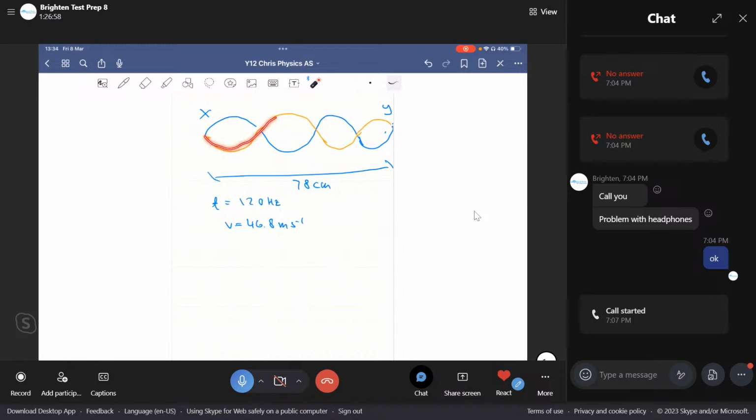So we have this is one wavelength, no? And this is the length, no? Exactly. So if it would be here, if that would be the length of the string, what would that reflect?